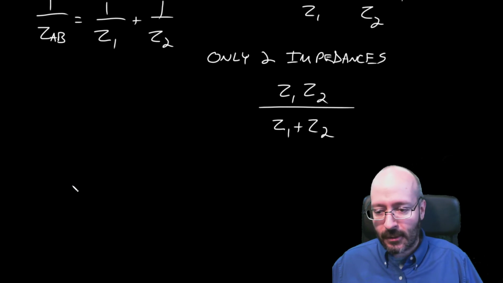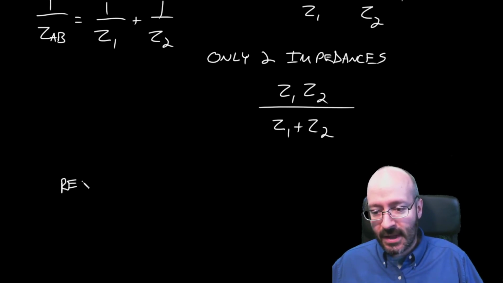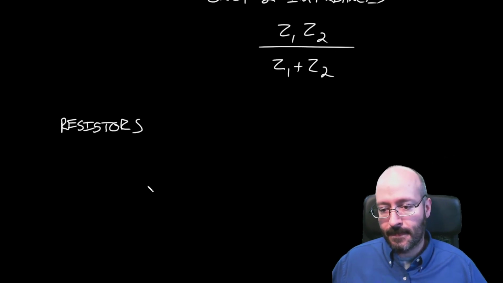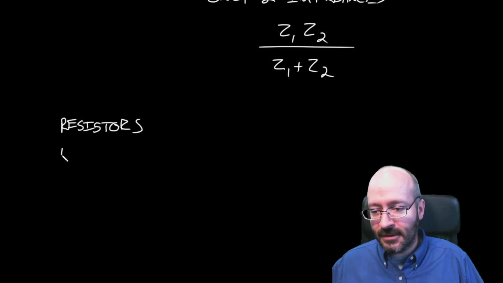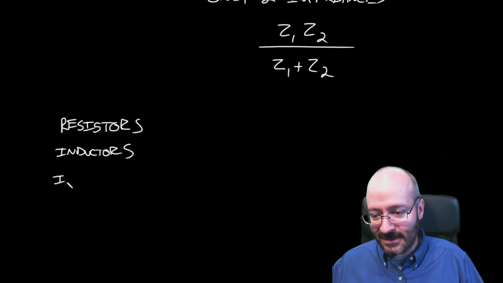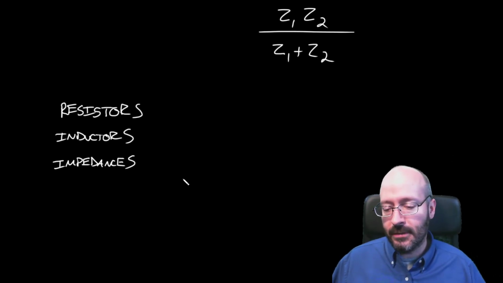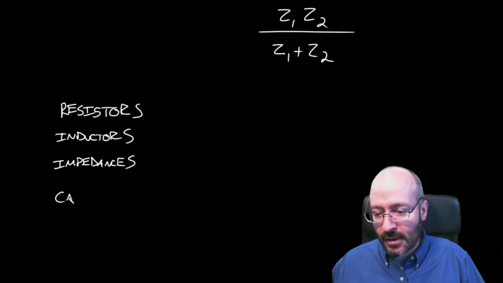Okay, so we've really run through 4 types of components. I'm going to leave sources out for this one, but we have resistors, inductors, and impedances, which I guess isn't a component, but describes components. And then we've also talked about capacitors.